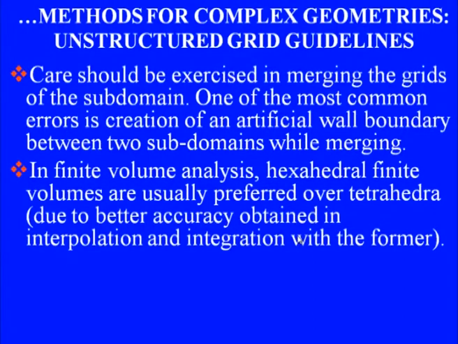So, we should try to use as many of these elements as possible. What we would normally do is reserve tetrahedral and wedge elements for the regions too complex to mesh using hexahedral elements; elsewhere use hexahedral elements.